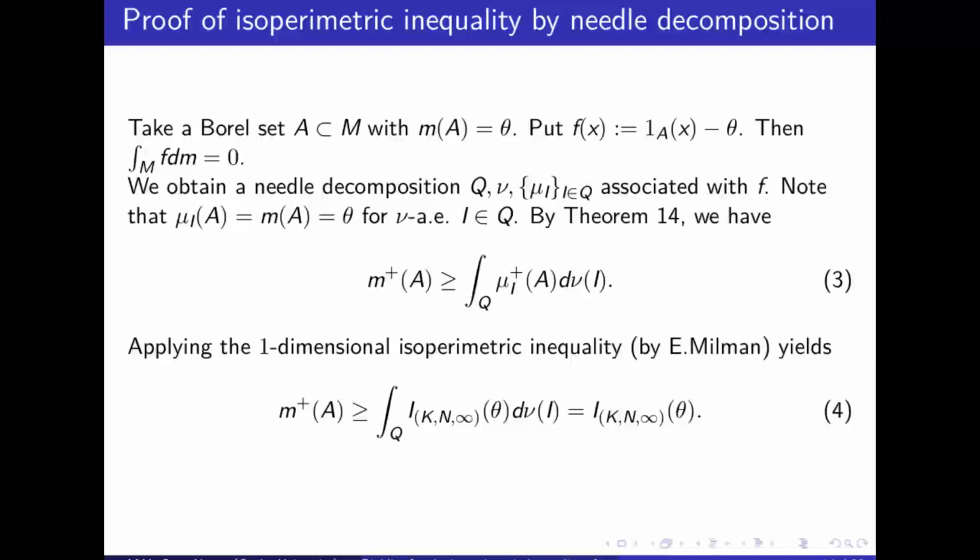By foliating the manifold along this needle decomposition, we obtain that the boundary measure of A is larger than the integral of the boundary of the foliated part of A over the needles. But the volume is equal. Hence, the isoperimetric inequality is proved, provided the one-dimensional inequality holds.